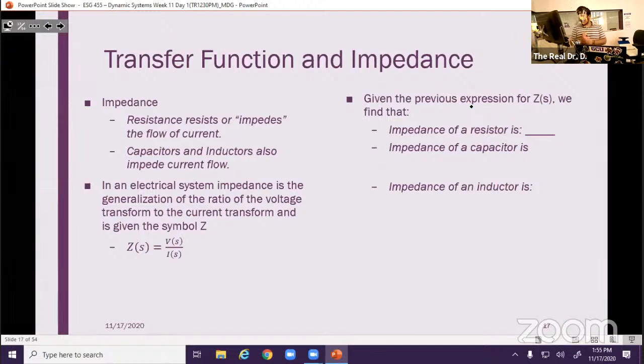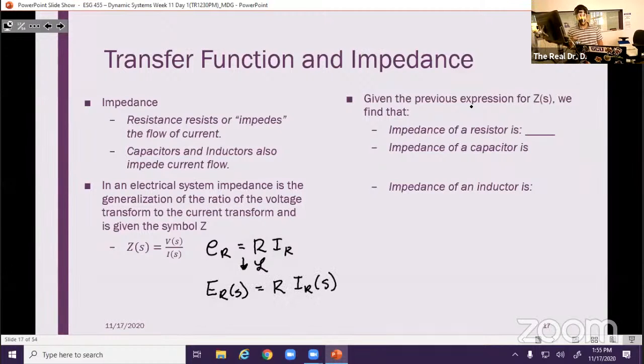So the impedance of a resistor. Let's go through this one. I've got E sub R is equal to R I sub R. This is in the time domain, so I'm going to take the Laplace transform of this, and I get E R of S is equal to R times I R of S. But it's not impedance yet, because impedance is the ratio of my voltage to my current.